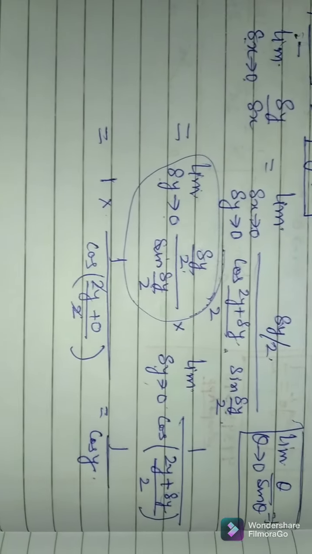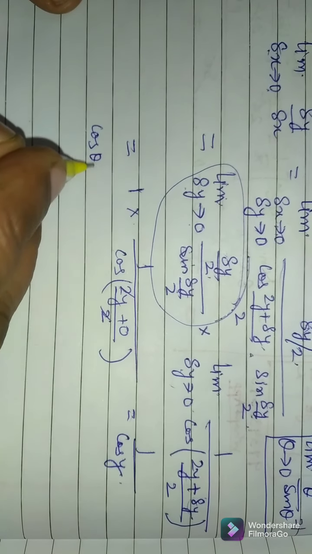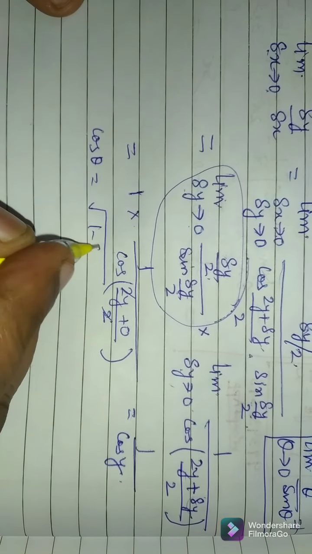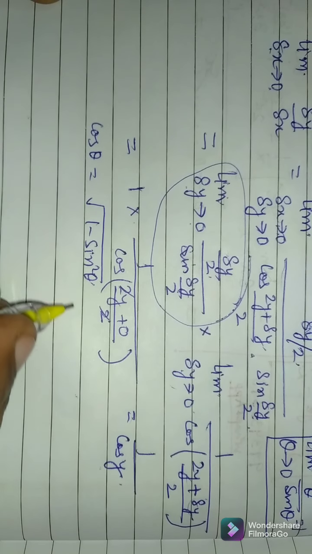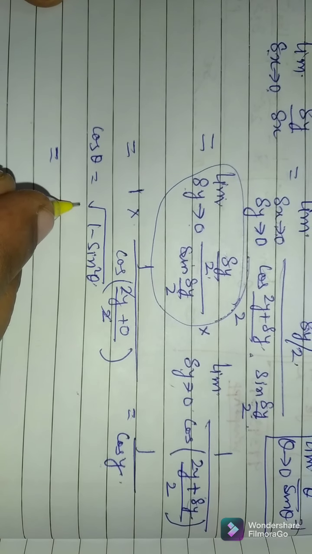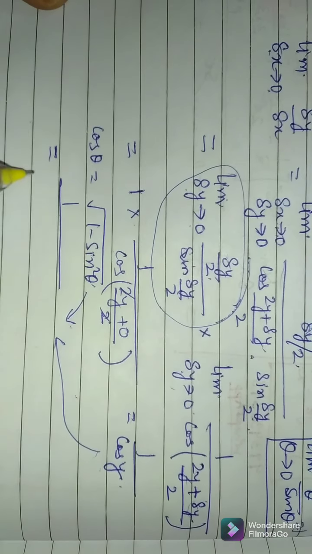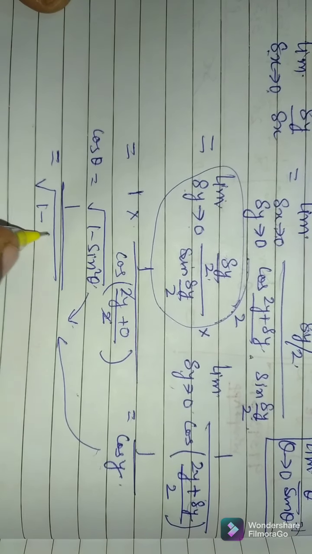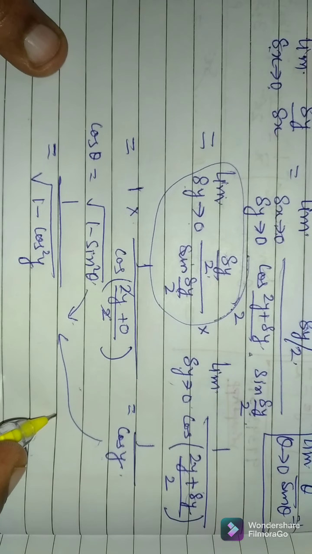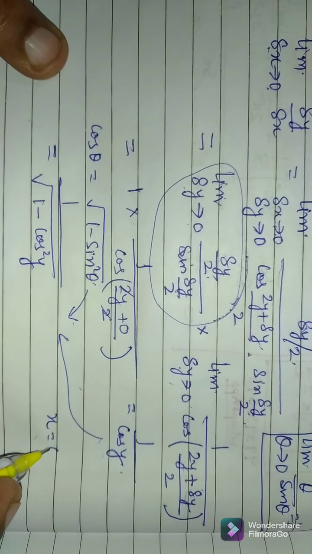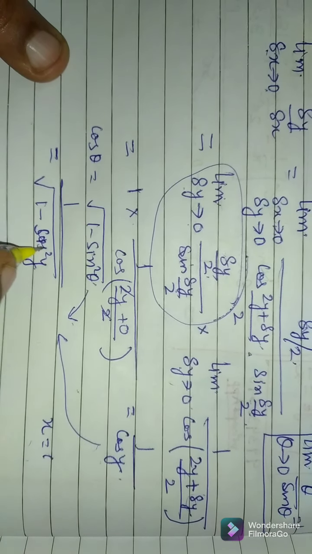Now as you know that cos theta is equal to root under 1 minus sine square theta, so in place of cos y we can write 1 by cos y as, with the help of this, 1 upon root under 1 minus sine square y.